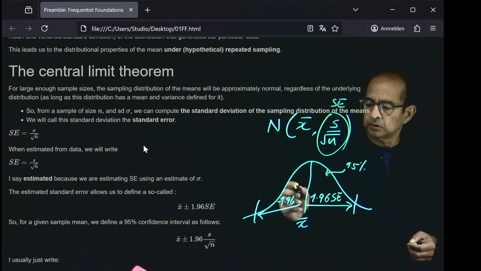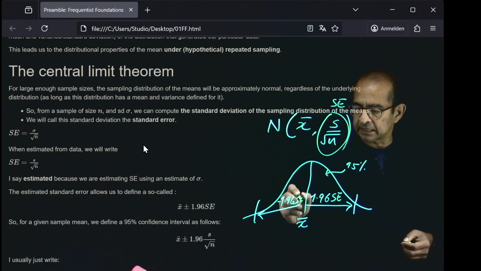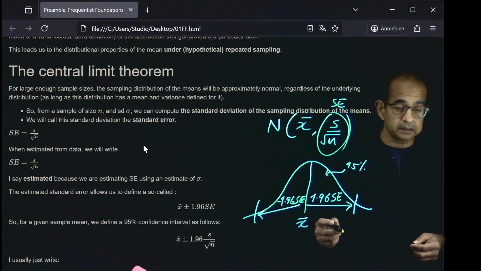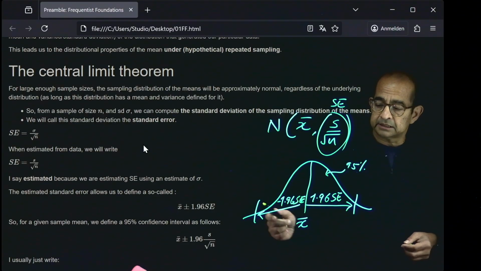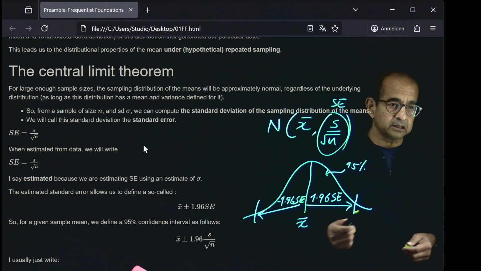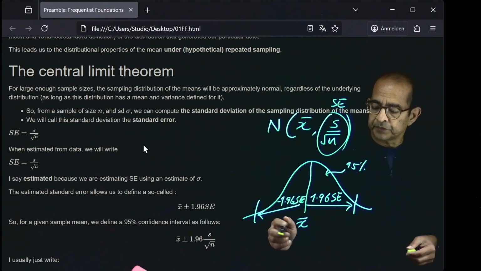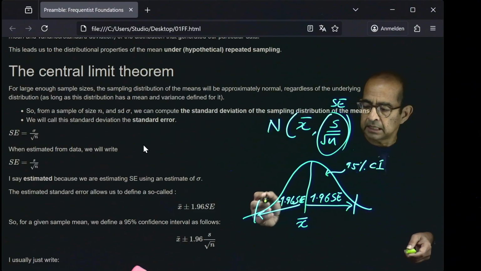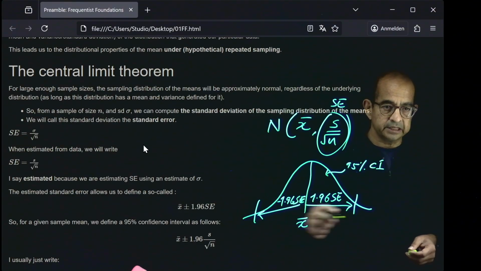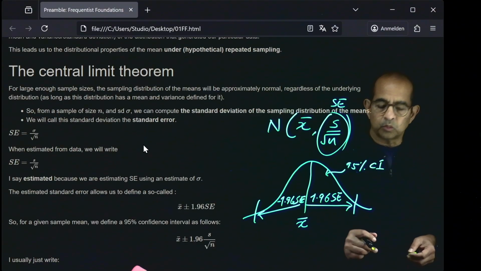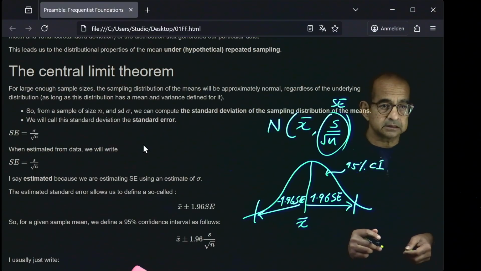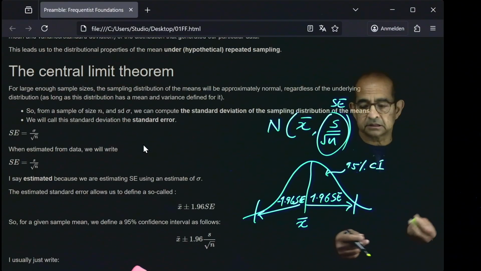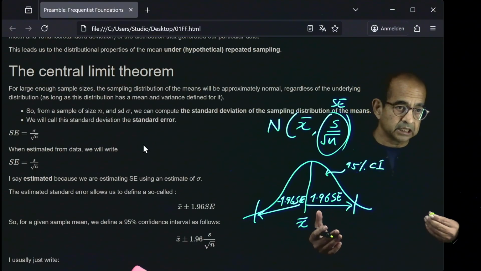So given our single sample and given our estimate of the standard error, we can actually describe, or delineate, or specify a so-called 95% confidence interval that covers 95% of the area under the curve. So what does this confidence interval actually tell us? That's an interesting question, and it has a very strange answer, right?